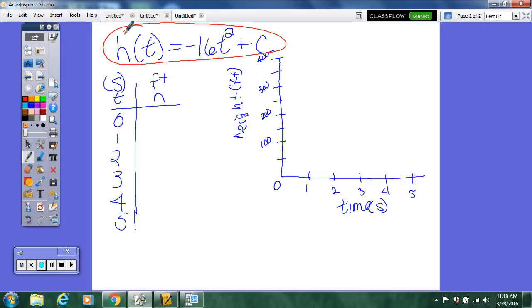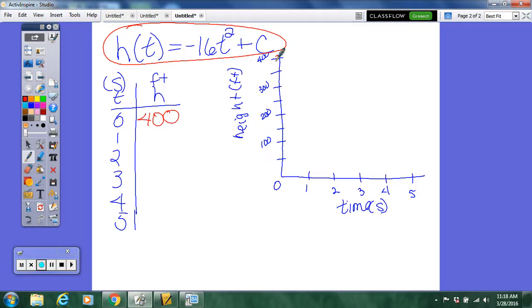But we've got to fill in one thing. We've got to fill in C. So what's C? Where does it start from? 400 feet. Because it says in the problem, an eagle soaring over a river drops a stick from a height of 400 feet. So at the initial time he drops it, it's at 400 feet.